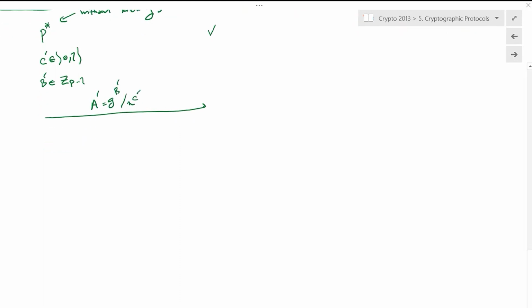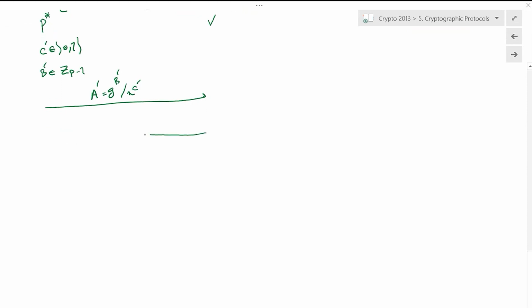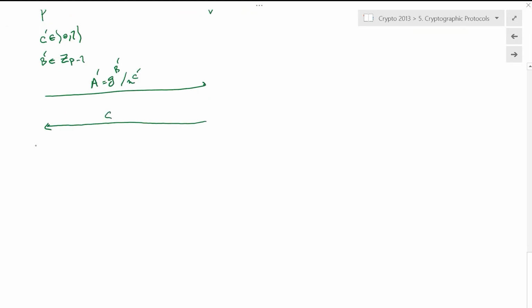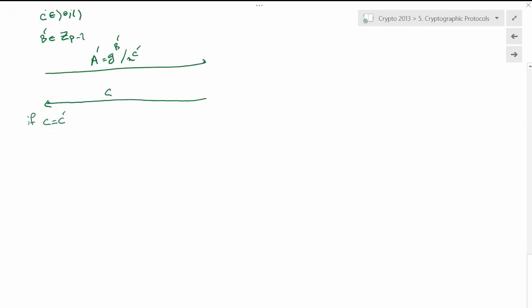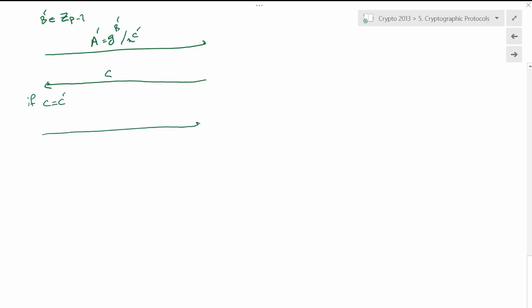Send it to the verifier, and then wait for the verifier to return the C, the challenge, and if C equals C prime, the challenge that he guessed, and if he received the same bit from the verifier, then he would respond with B prime.